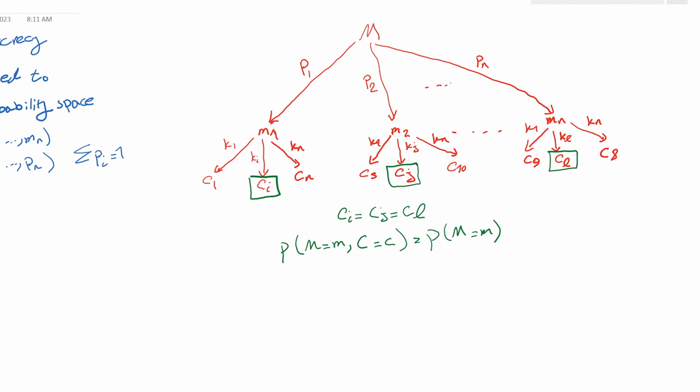Given this ciphertext, it didn't provide any additional information to the adversary. The adversary already knew that this ciphertext could be the encryption of every possible message. So what message is most likely to be the one whose encryption is this C?